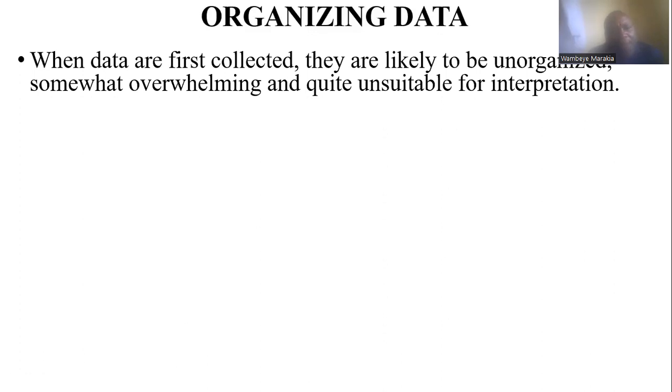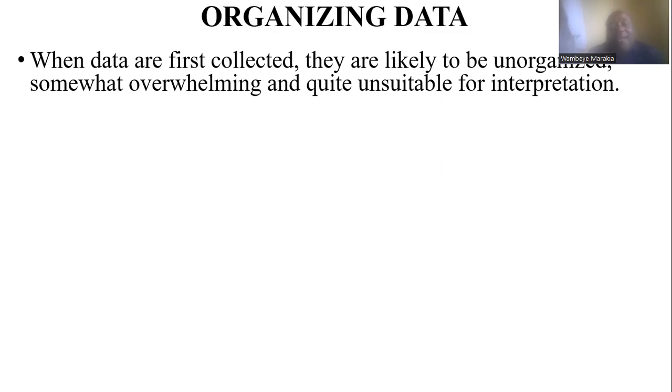Organizing data. It's very important for us to know that when a researcher goes in the field, he collects data, and this data is most likely to be unorganized and somewhat overwhelming.